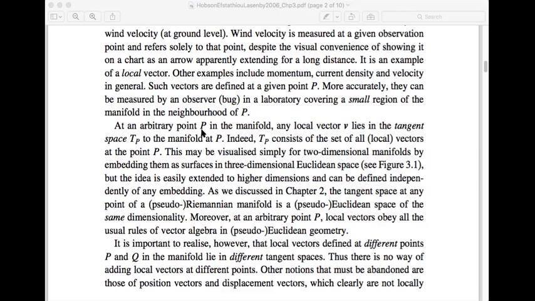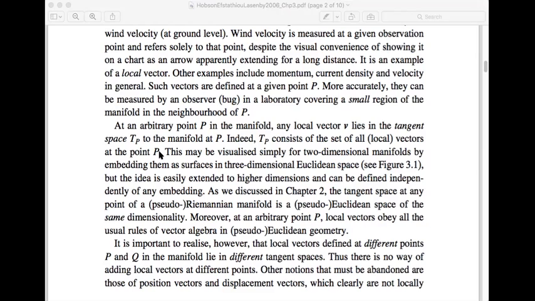So to have a concrete example, you can think of a sphere, and P would be a point on the sphere, and there's a tangent space, he says, to the manifold at that point. Indeed, TP consists of the set of all local vectors at the point P. In other words, it's the vector space, right?